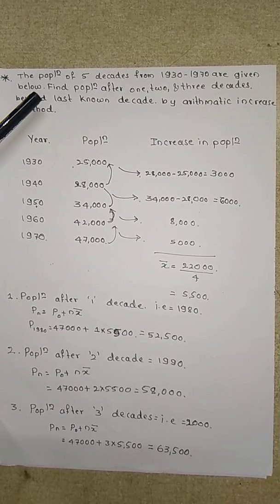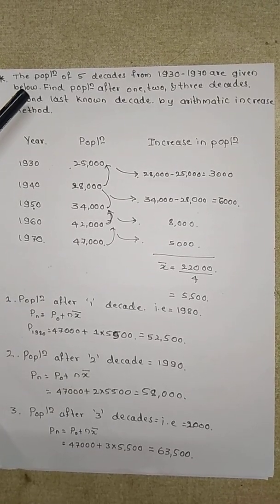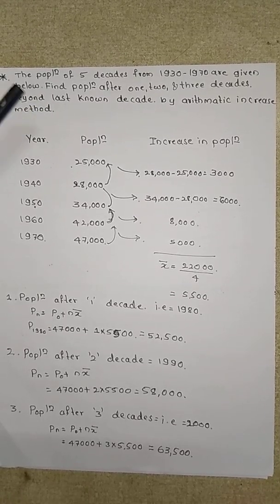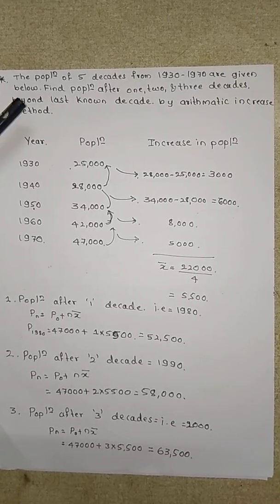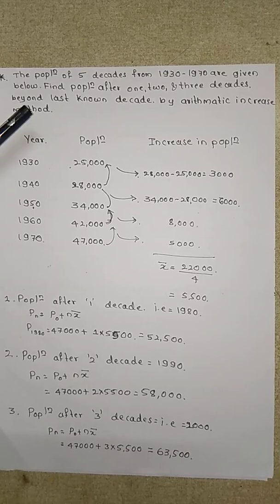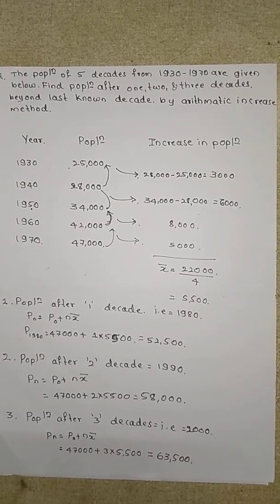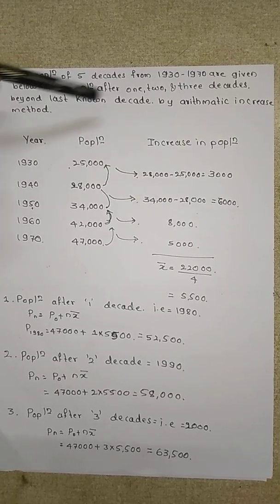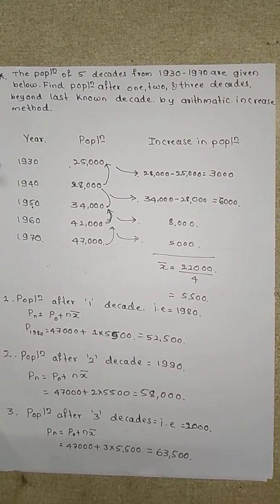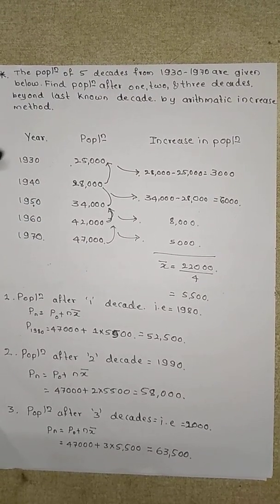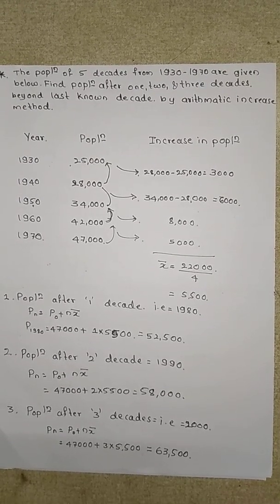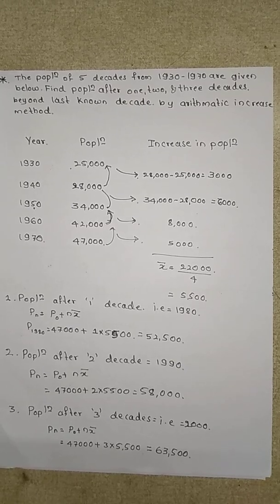Find the population after 1, 2 and 3 decades beyond the last known decade by using the arithmetic method. This is your question, and this type of question will be asked in your exam. Here I have given only one method.